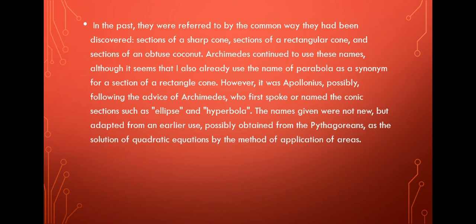Archimedes continued to use these names, although he also already used the name parabola as a synonym for a section of the right cone. However, it was Apollonius, possibly following the advice of Archimedes, who first named the conic sections as ellipse and hyperbola.